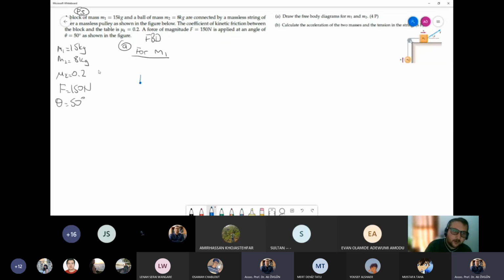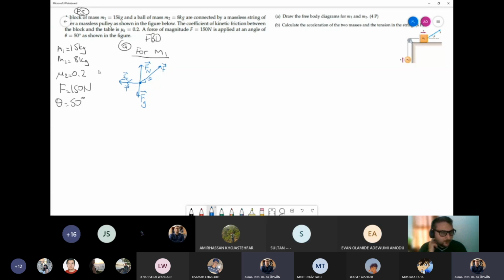There is a normal force upward, F normal. There is a gravitational force downward. There is a force F with angle theta. There is a friction force opposite to the motion, Fk. And there is also tension from the rope on the left.